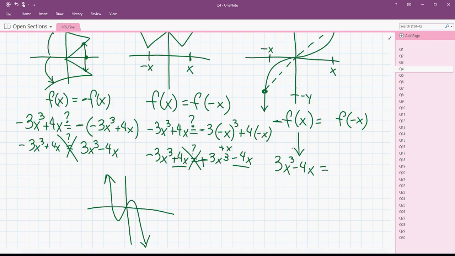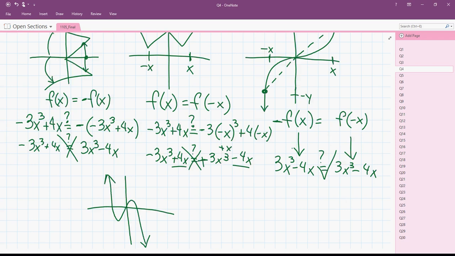Getting f of negative x from y-axis symmetry calculation, this would be 3x cubed minus 4x. And if we just take a look at whether those two values are equal, they are indeed equal. So while this graph does not experience x-axis nor y-axis symmetry, it does experience origin symmetry.